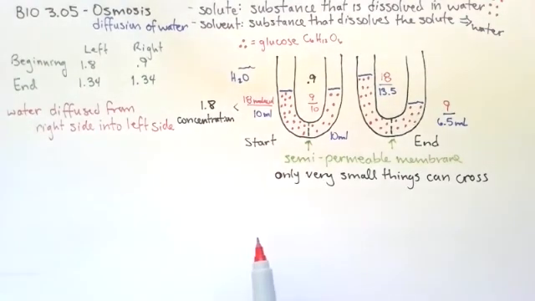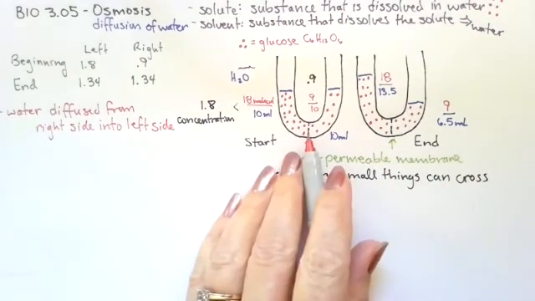That's why we give water its own category, because we have to think about it a little bit differently. When the water diffuses, water will always diffuse to even out the concentration.